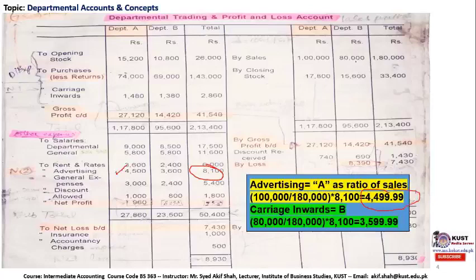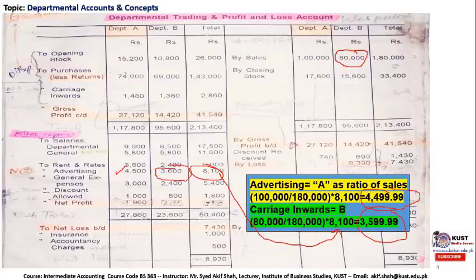In a similar fashion, we can make the sales ratio for Department B by dividing 80,000 by the total amount of sales, which is 180,000, and then multiplying it by the relevant total value of advertising expenditure. It has given us 3,599.999, which can be rounded to 3,600.